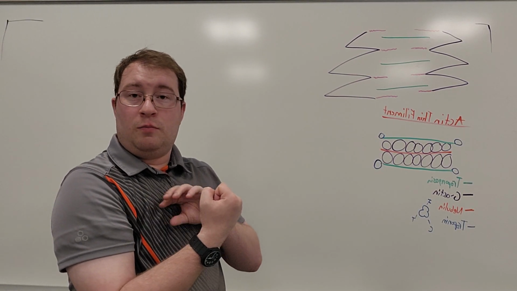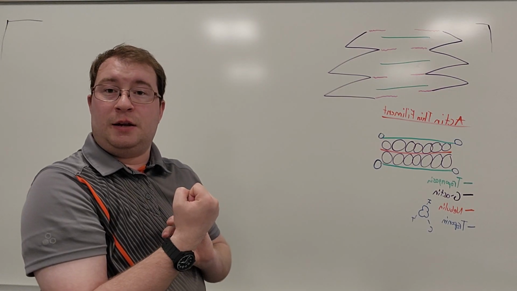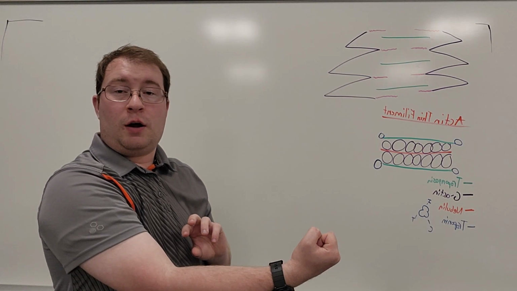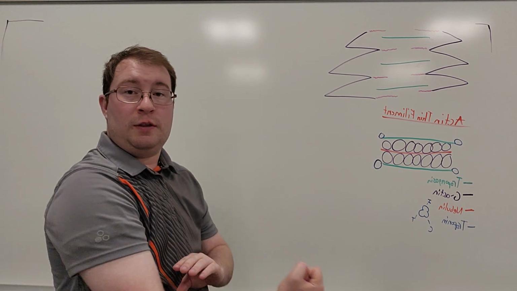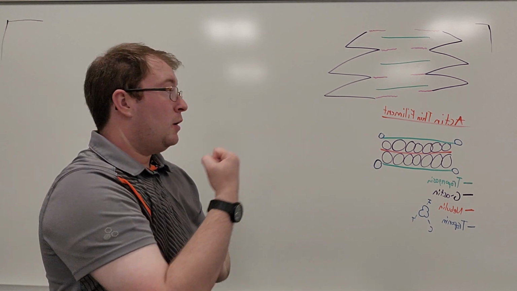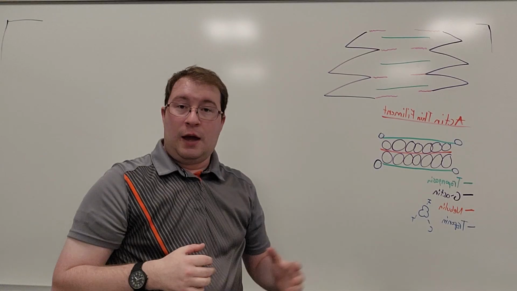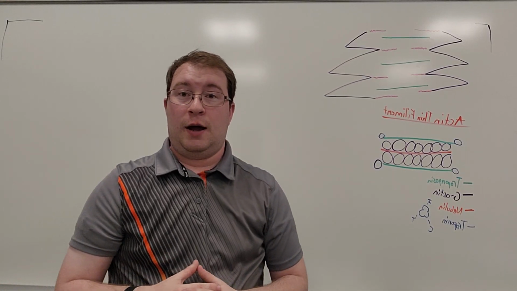And then by removing the ADP and the inorganic phosphate, it will uncock itself again. And this allows it to pull on myosin again, doing this continual motion. And so that's how we get our muscles to contract.